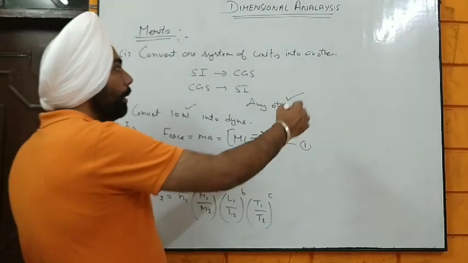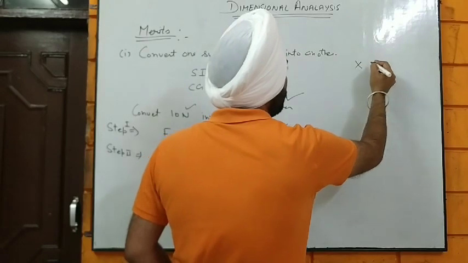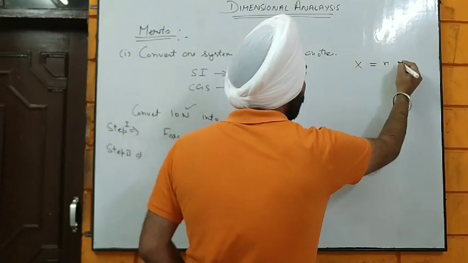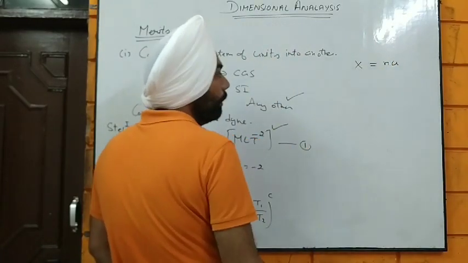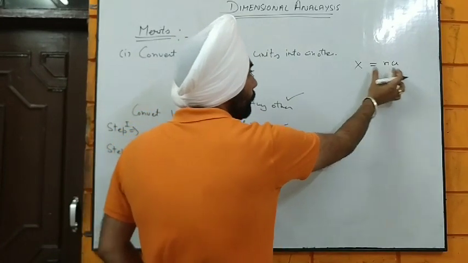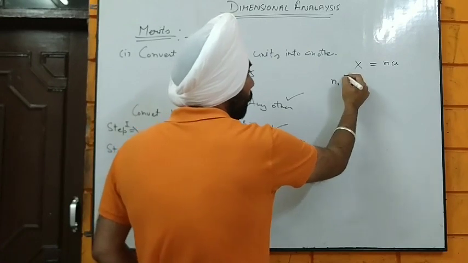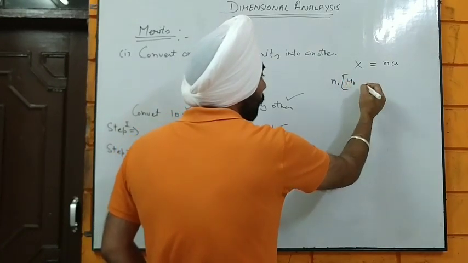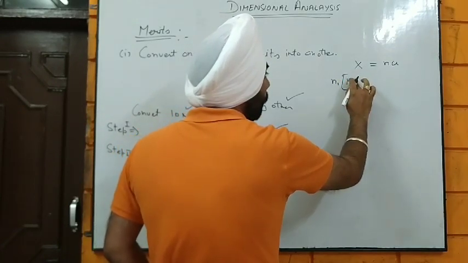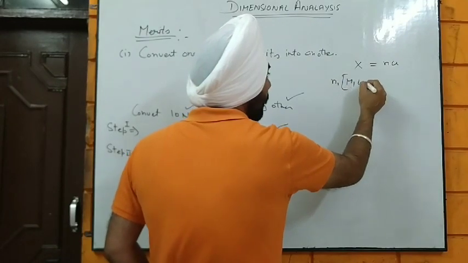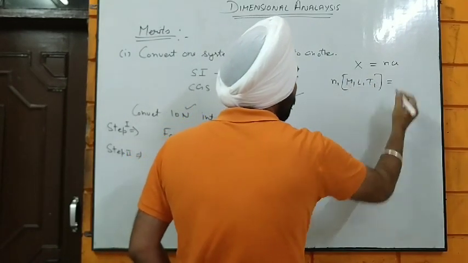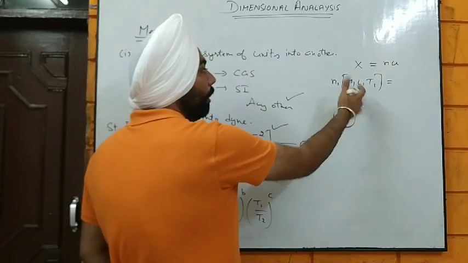That is very simple. We know a physical quantity is equal to a number times a system of units. If we are talking about the same physical quantity, the first number is n1 and the units are M1, L1 and T1 in one system.